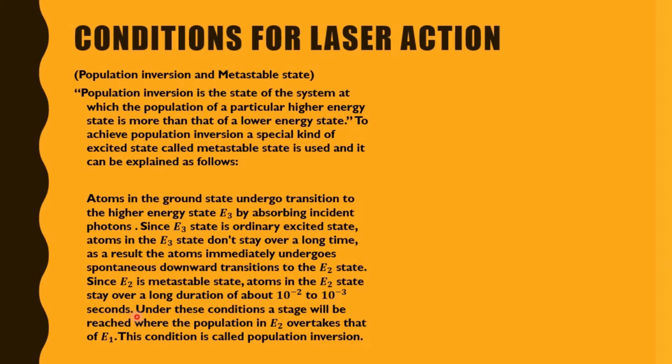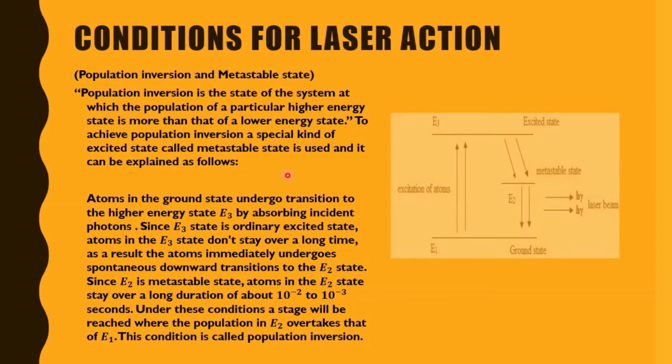Under this condition, a stage will be reached where the population in E2 overtakes E1. This condition is called population inversion. That means this portion is the definition and this portion is the example which you need to state when higher marks are given for your test.